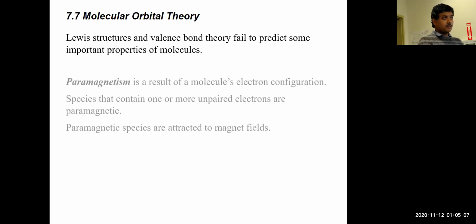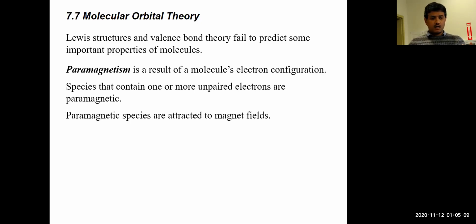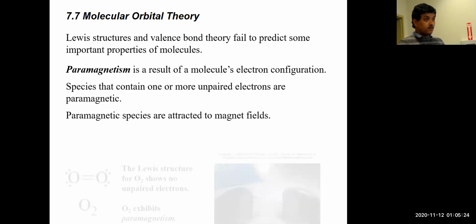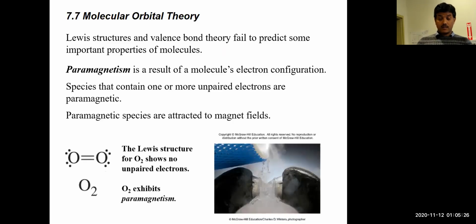One of these is magnetism. None of the Lewis structure, valence bond theory, or hybridization correctly explains the magnetism of the molecule. So that's one thing that we want to know, if a molecule is paramagnetic or diamagnetic.